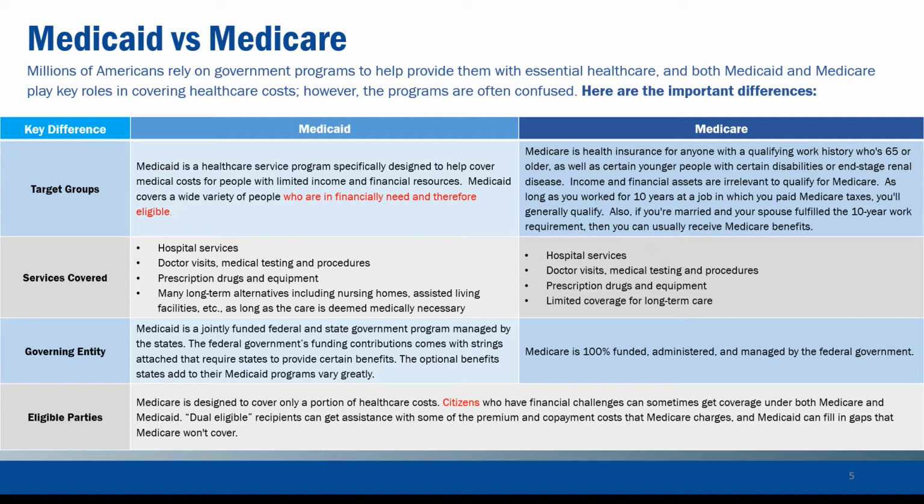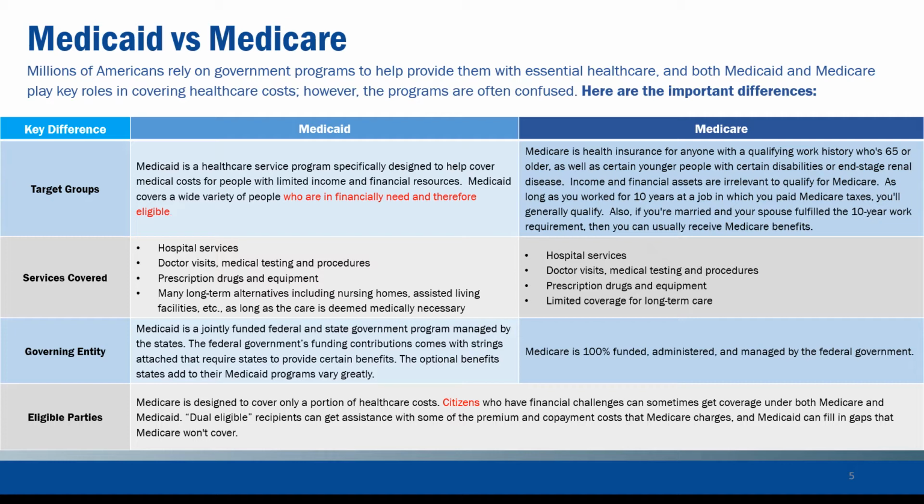Some of the services covered under Medicaid include hospital services, doctor visits, medical testing and procedures, prescription drugs, and medical equipment. As well, it's important to note that Medicaid covers many long-term care alternatives, including nursing homes and assisted living facilities, as long as the care is deemed medically necessary.